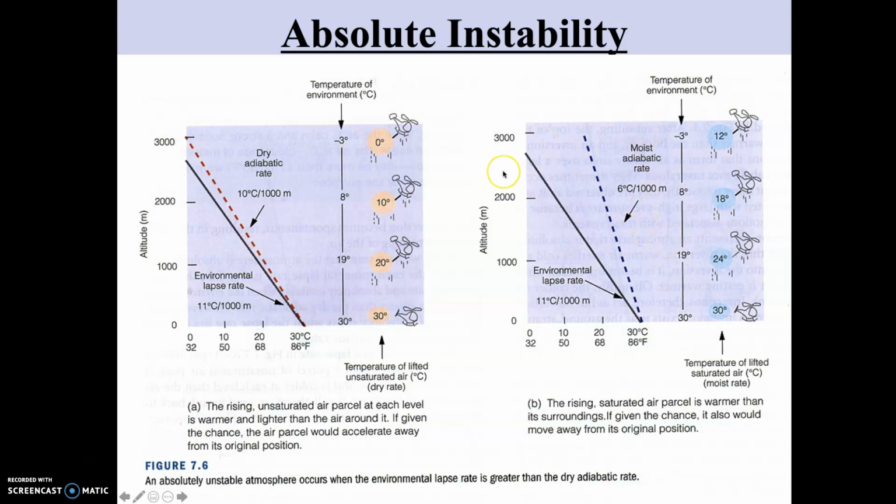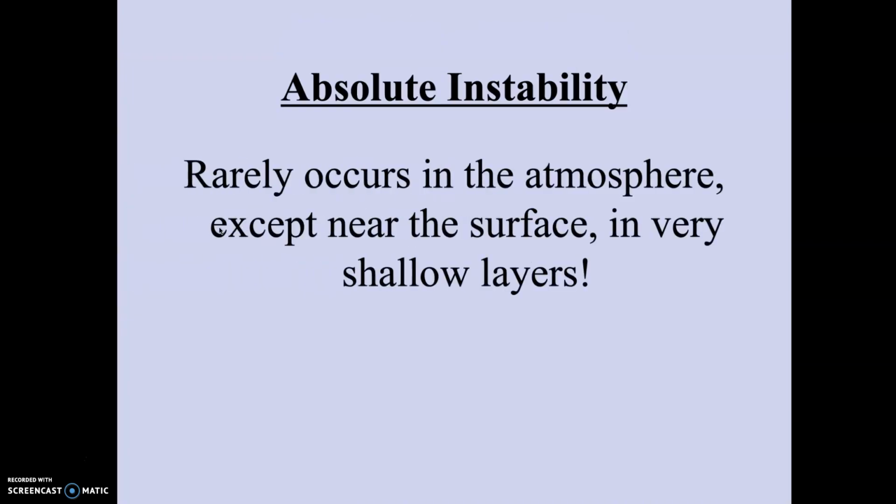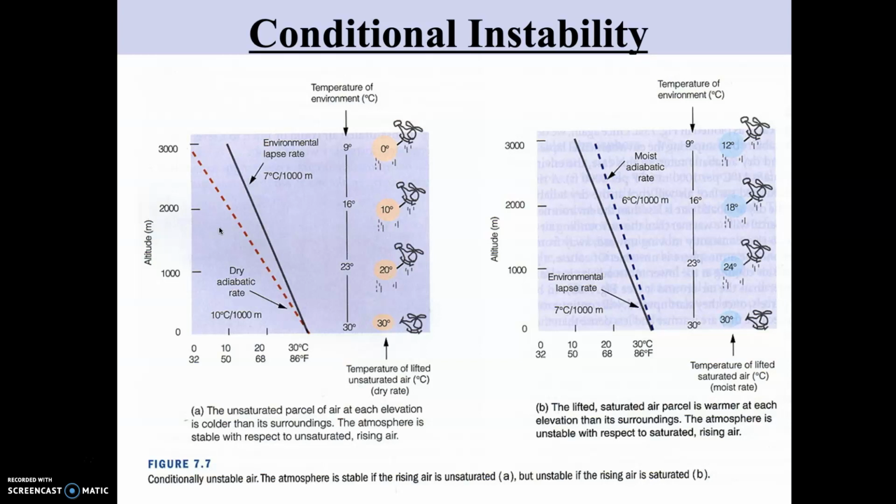So when the environmental lapse rate is higher, so it cools more than both the dry adiabatic lapse rate and the moist adiabatic lapse rate, you get an absolutely unstable environment. This rarely occurs, except for in very small areas, because it takes extreme changes in temperature over an area.